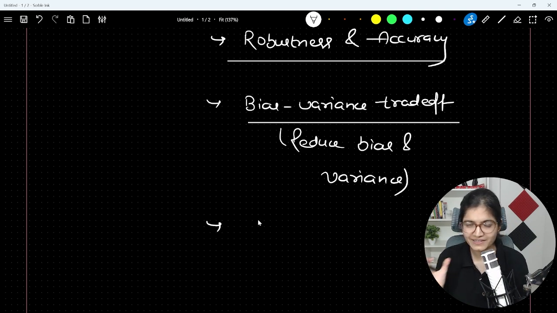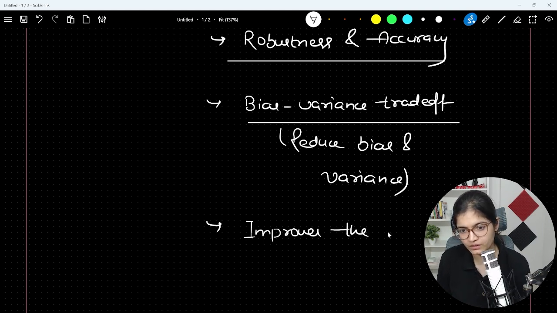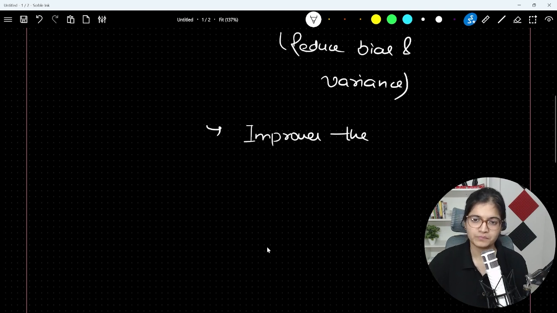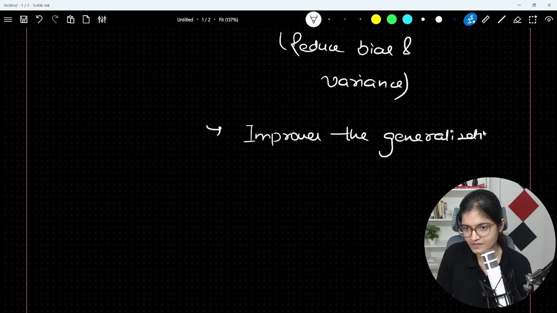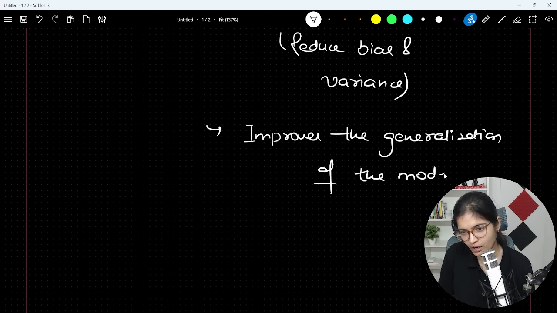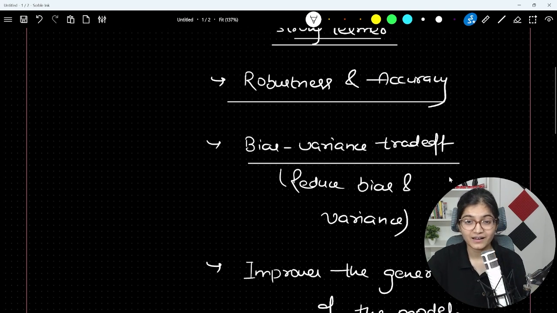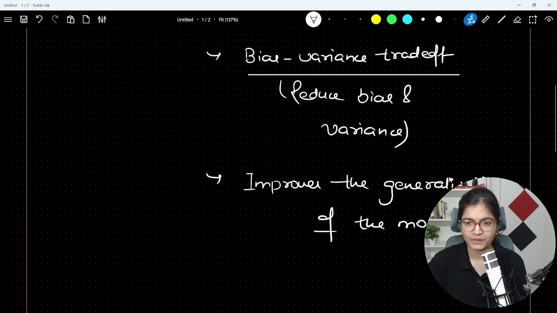Last thing, all this process that we have explored so far in the boosting technique will definitely improve the generalization of the model. And if you remember, from the very start of the course I have talked about this term a lot: at the end of the day, what we want is a good generalized model, right?